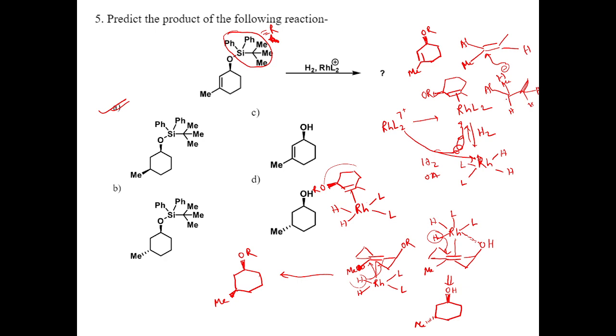You got it? What I am trying to say. But if this hydride attacks from here, then you will get this type of thing, right? So then this hydride will be on the upside, and then methyl will be down.